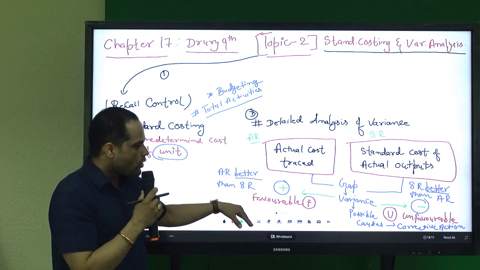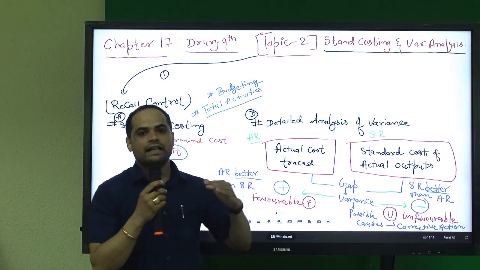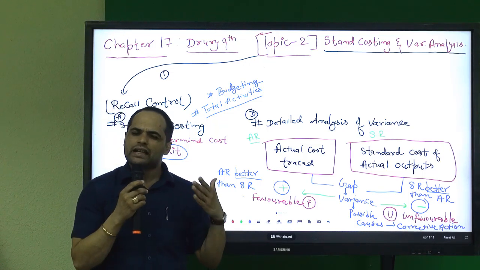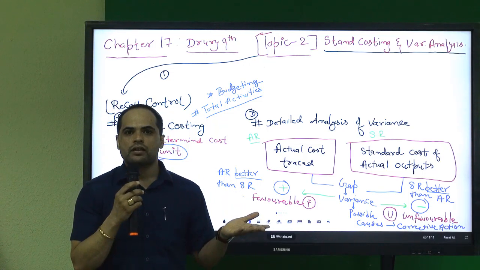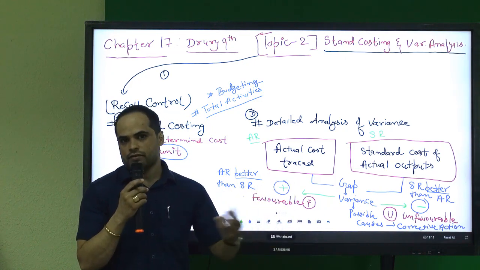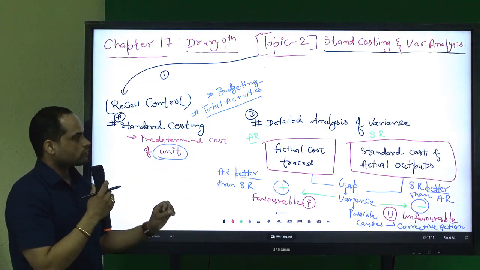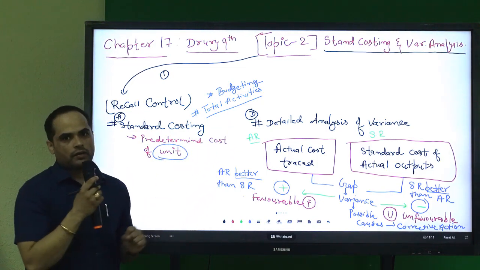Or if my result is favorable, then we have to maintain that standard or increase it a little more in order to motivate managers or achieve the company objective. That's the basic idea of this point B.